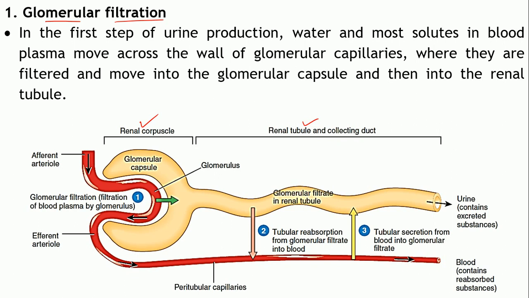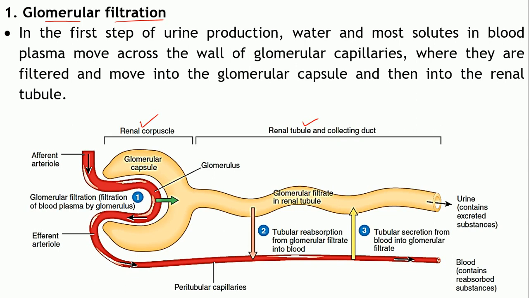So for simplification of the process, it is shown like this, and further the tubules are denoted in the form of almost a straight tubule, but usually it is not like this. PCT and DCT, these are convoluted tubules, right? So they are highly coiled in nature, and the loop of Henle also we have seen that it is in the form of a hairpin structure, right? U-shaped structure, roughly you can say, a deep U-shaped structure.